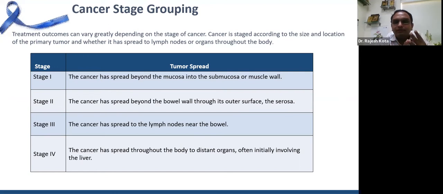The third modality is called radiotherapy, where we use high energy radiation. Radiation is nothing but a high energy X-ray. So we target those high energy X-rays to the point of concern, that is the cancer.